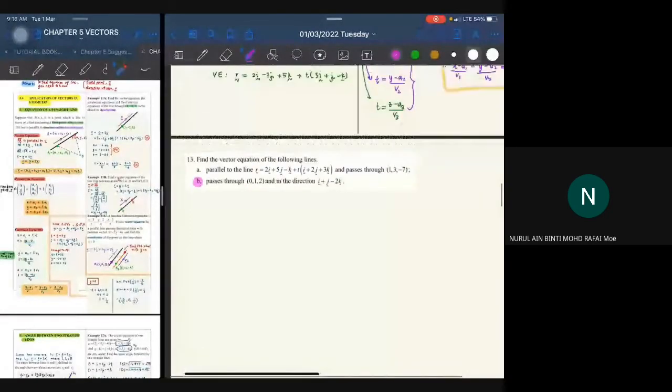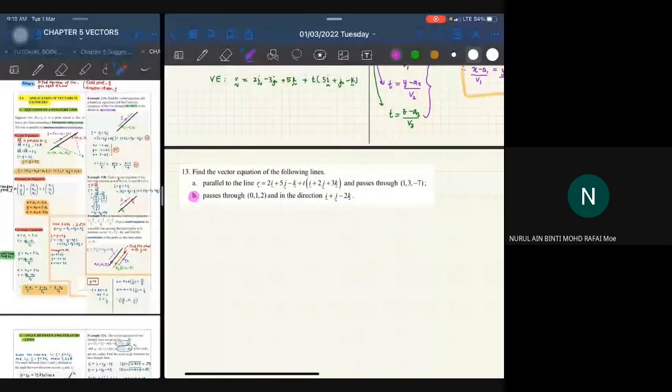Okay, so we know that it passed through 0, 1, 2 and in the direction of I plus J minus 2K. So ingat tak apa dua penting yang mesti kita ada untuk kita cari equation of line? What are the two things that you need to find to have the vector equation for your line?